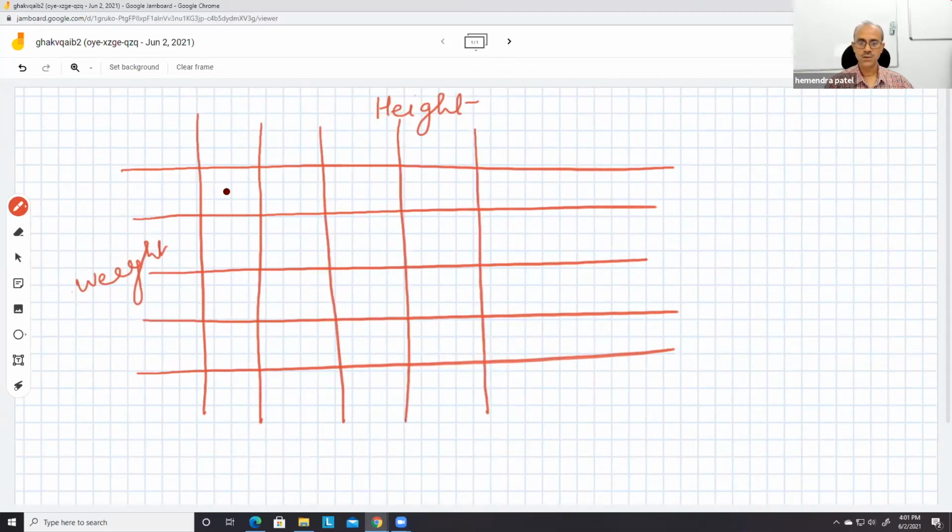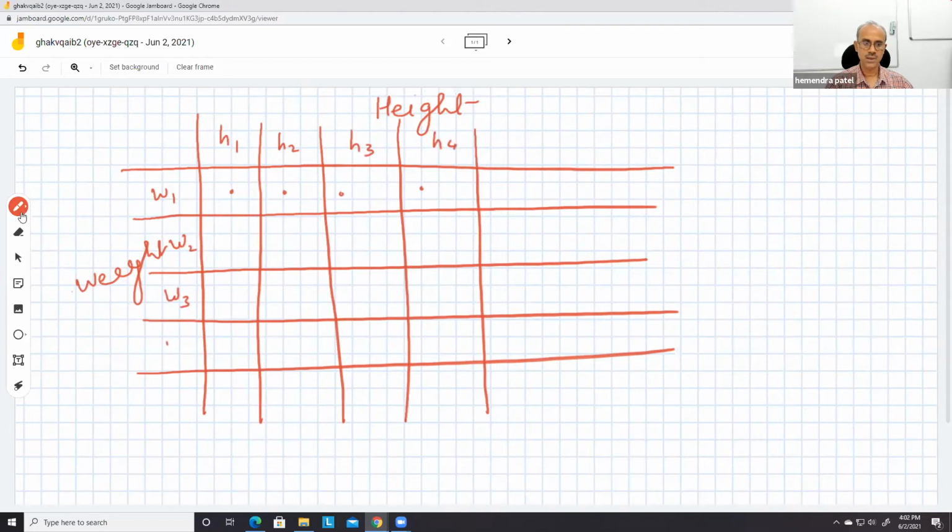You can see that you get some numbers here. If these are probabilities, suppose this height is h1 and weight is w1, h2, w2, h3, w3, and let us take h4.